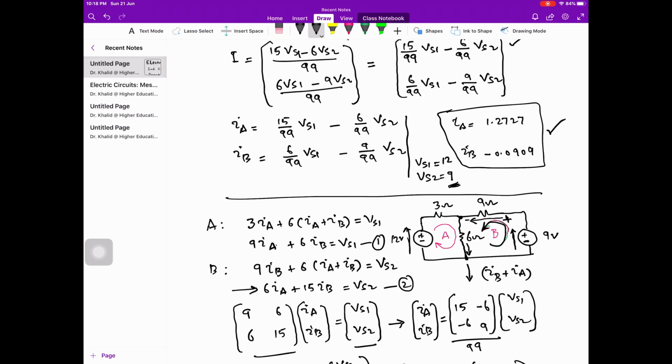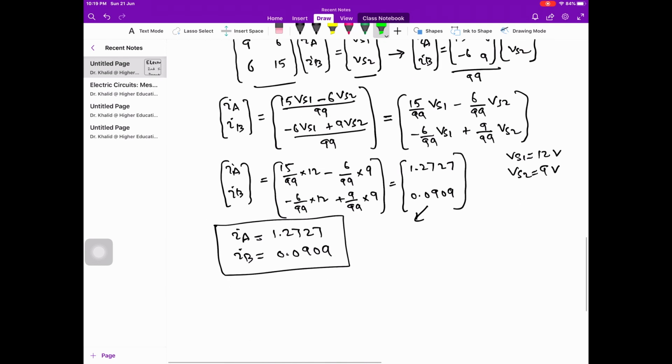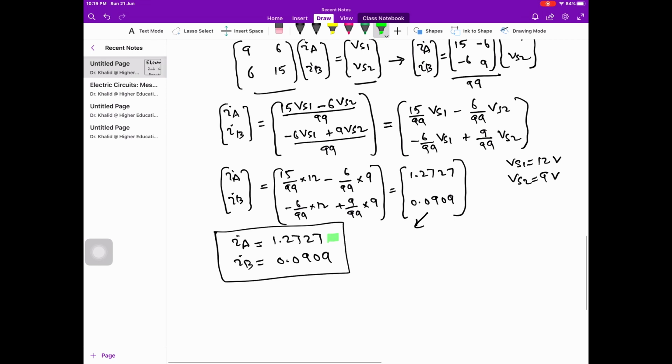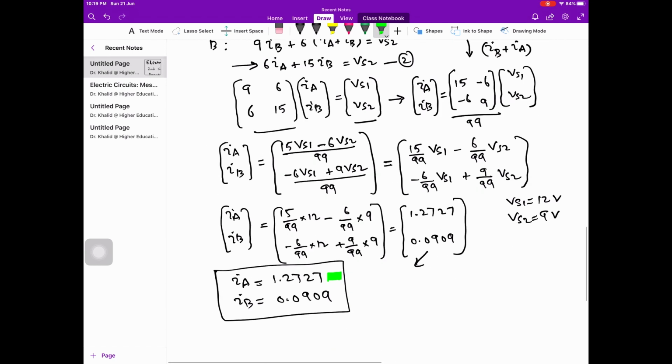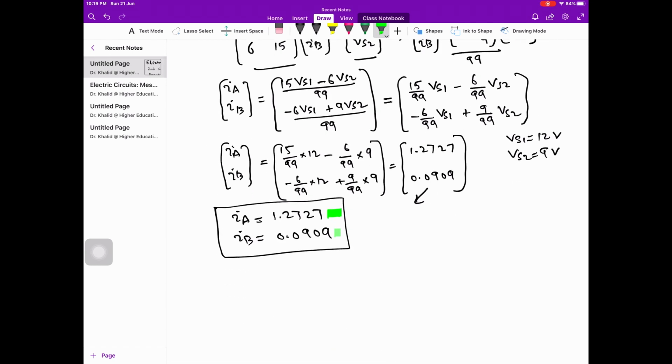Previously, if you see this, IA is 1.27, and IB over here is equal to minus 0.0909, and IB over here is plus 0.0909.